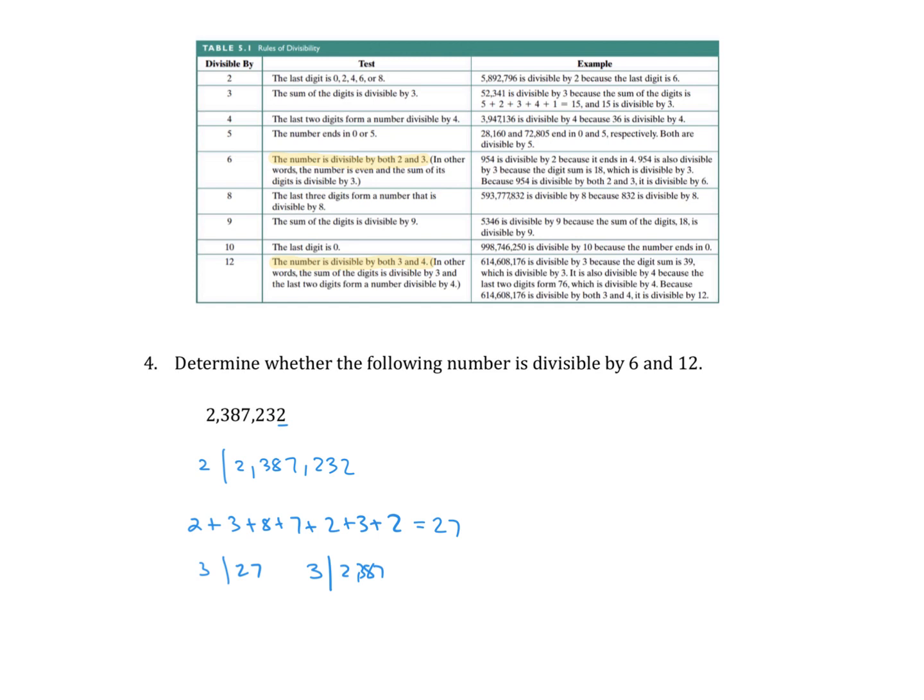Okay, so that tells us, since this number, 2,387,232, is divisible by 2 and 3, then we can conclude that it's divisible by 6.